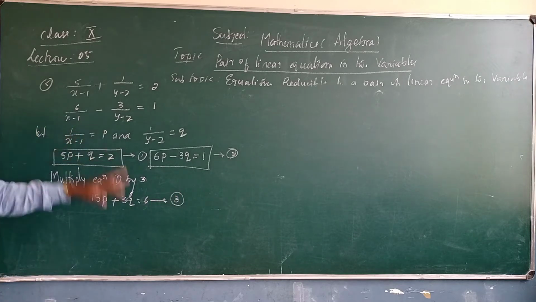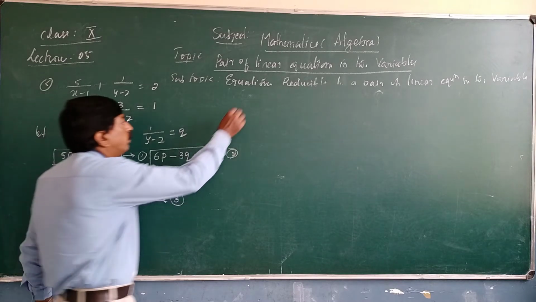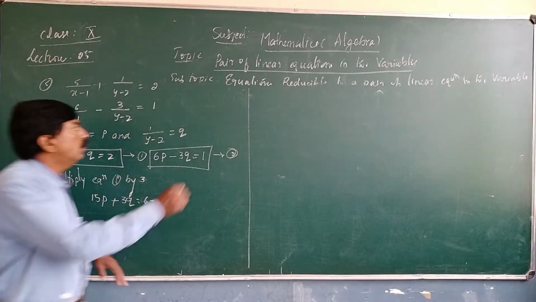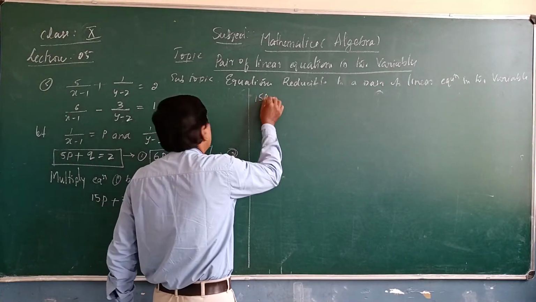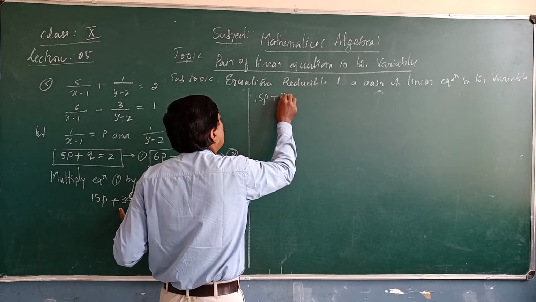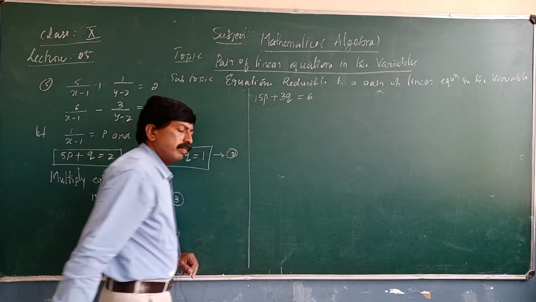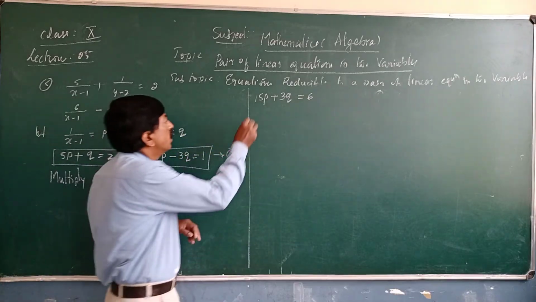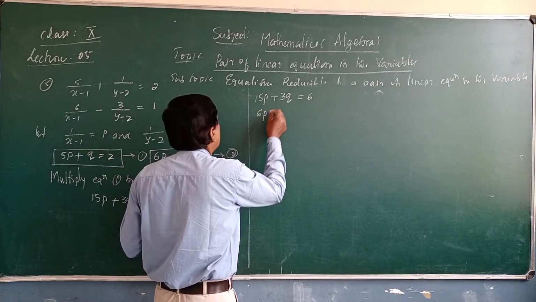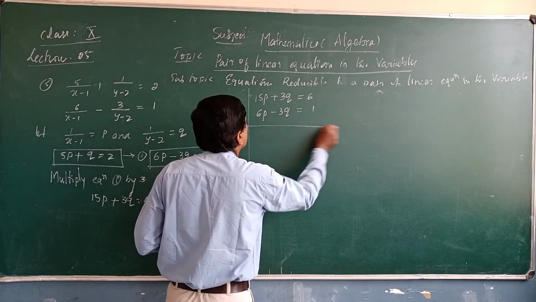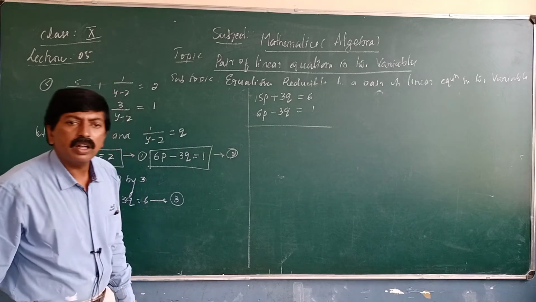Now by taking 2 and 3, you can find p value and q value. So 15p plus 3q is equal to 6. Next equation, 6p minus 3q is equal to 1. Now shall we add or subtract?